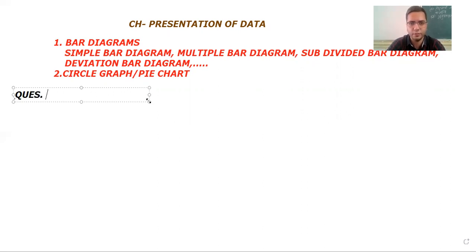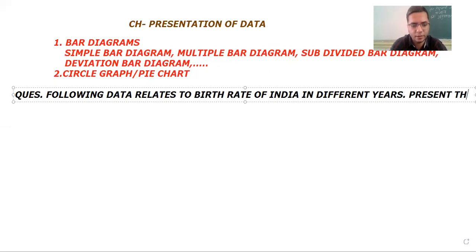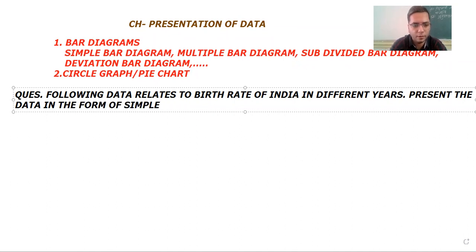Suppose the question is given to you, and the question says the following data relates to the birth rate of India in different years. Present the data in the form of a simple bar diagram.